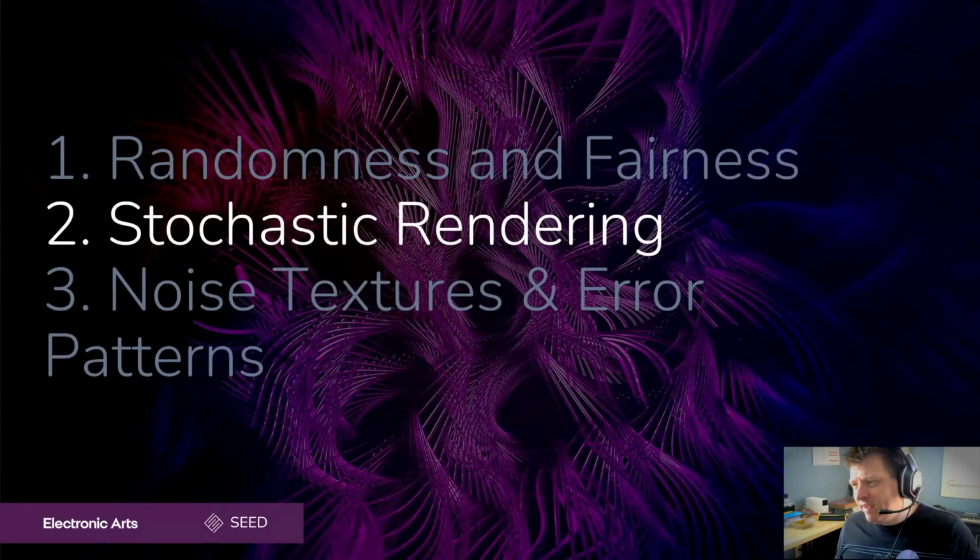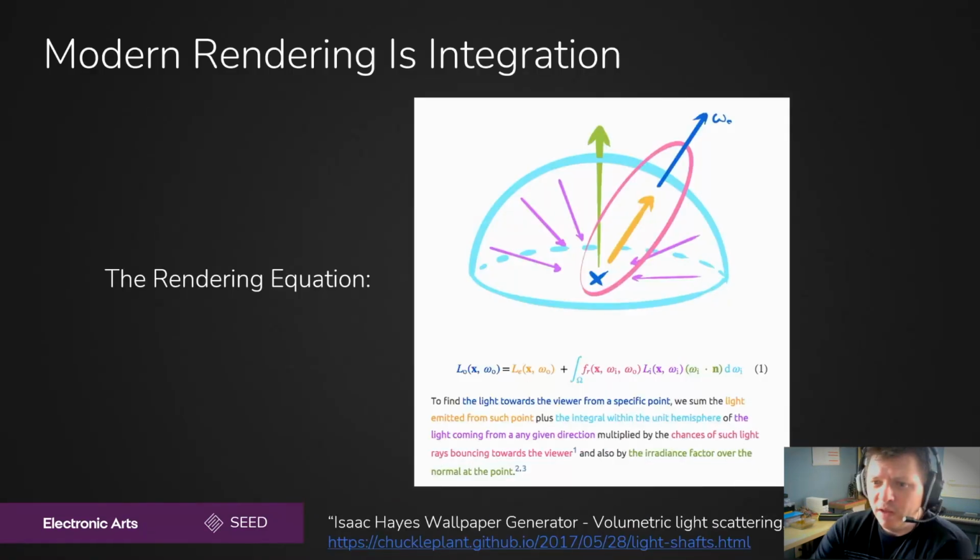Okay, so next up, let's tie this into rendering. We're going to be talking about stochastic rendering. Modern rendering is full of integration, and this is mainly due to a fixation on realism. Path tracers generate photorealistic images by solving this recursive integral numerically via ray tracing, and this is called the rendering equation.